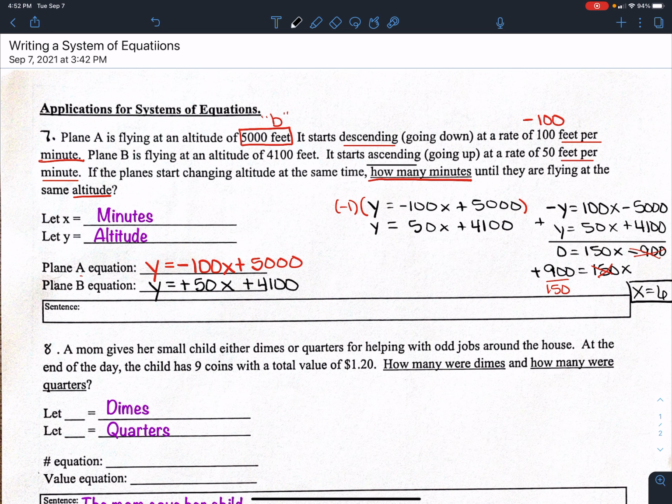Now, if we wanted to find the altitude, the y, what we're going to do is take 6 and substitute it into either plane A's equation or plane B's equation. In this case, I'm going to go with plane B. So plane B is 50 times 6 plus 4,100.